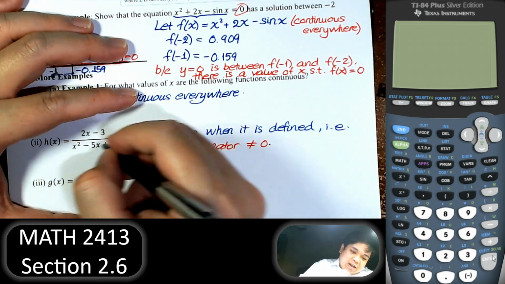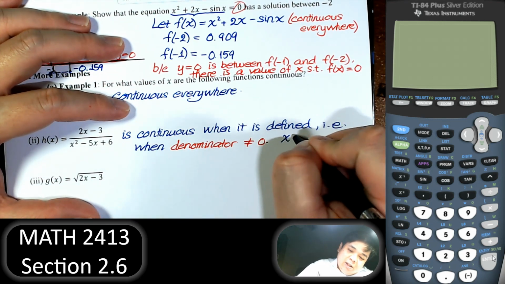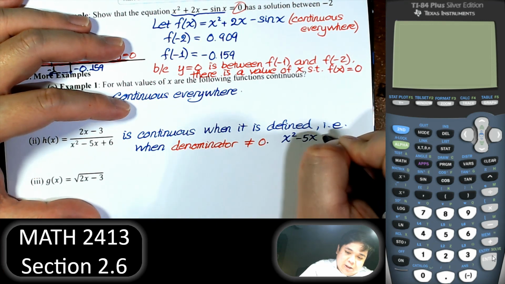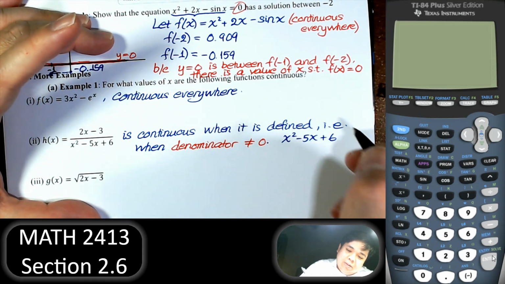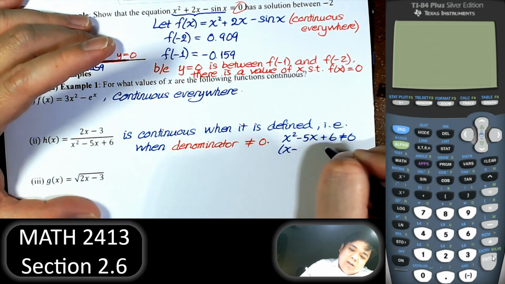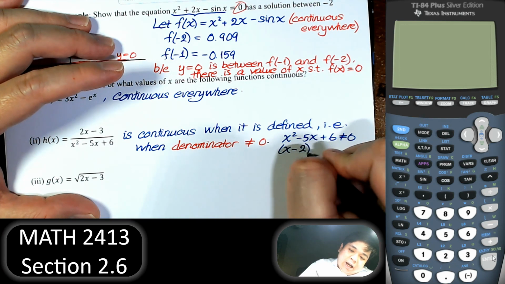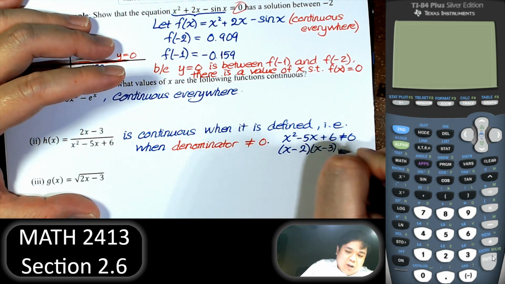And so we just take x squared minus 5x plus 6 not equal to 0, and you can factor it as x minus 2 and x minus 3 not equal to 0.